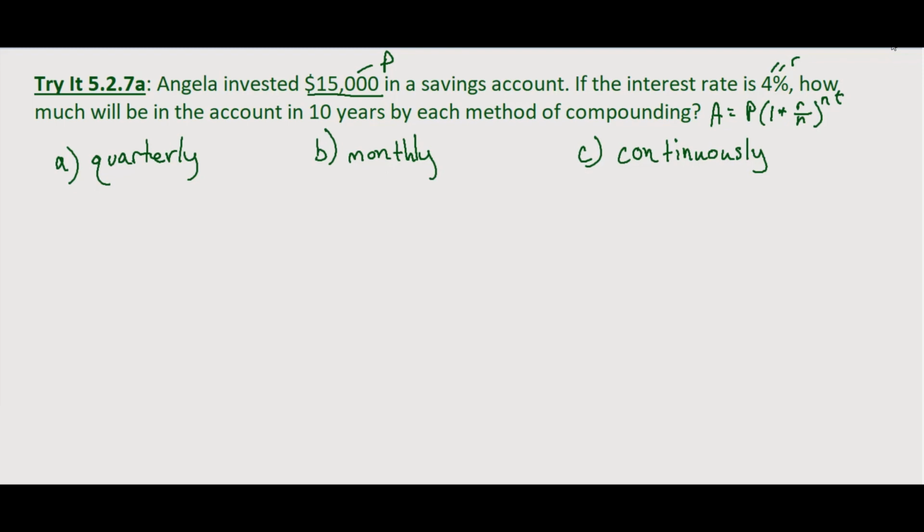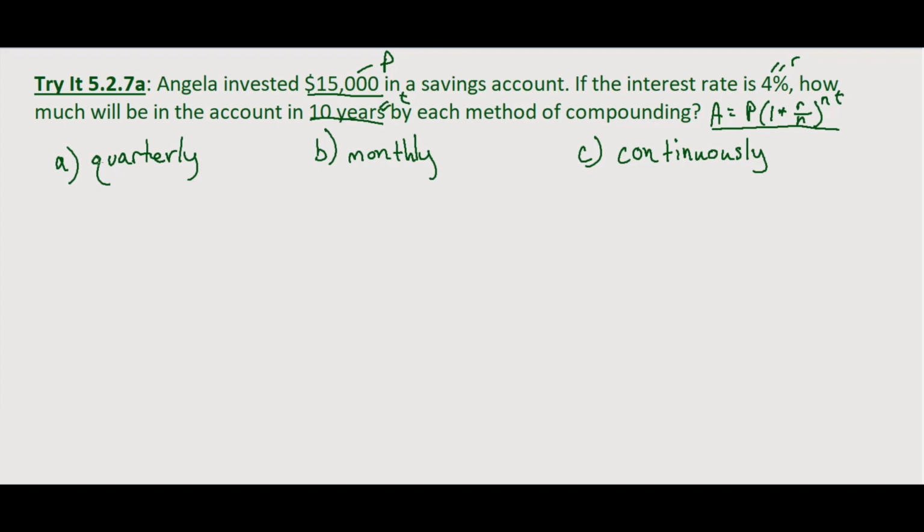With C, compounding continuously, we're going to use a little bit different formula, but we'll get to that part of the problem. And then T, we're given, is 10 years. So we have the individual parts that we need. Let's substitute those into our formula to find the solutions for each value.